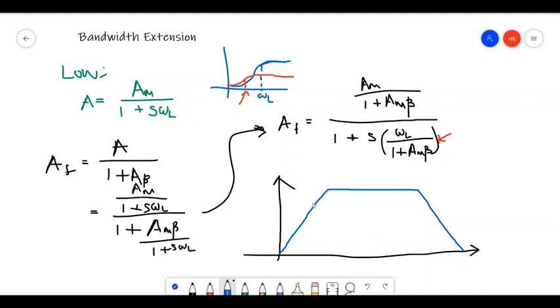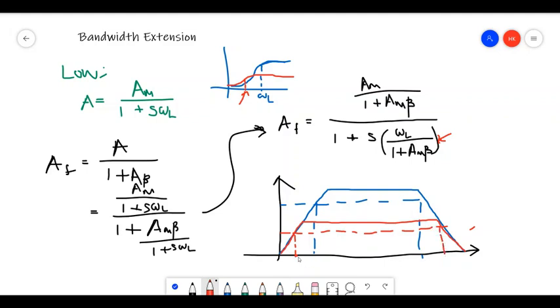Suppose that if I mark this, these are the 3 decibel cutoff frequencies, and if we consider the closed loop gain, it will be something like this. Now you can clearly see that this 3 decibel gain band is increased by reducing this lower cutoff and increasing the upper cutoff.